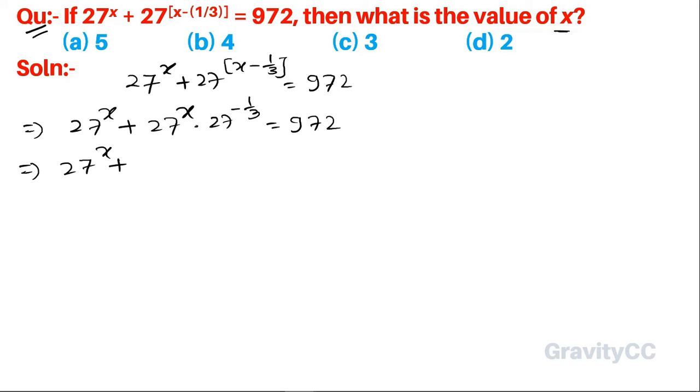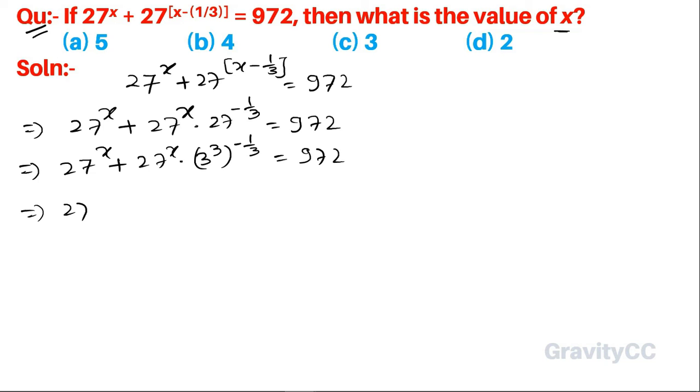27 to the power x plus 27 to the power x into 3 to the power 3 into minus 1 upon 3 equal to 972.